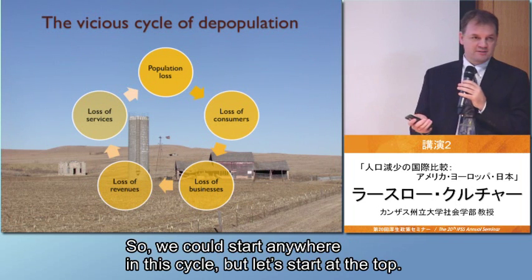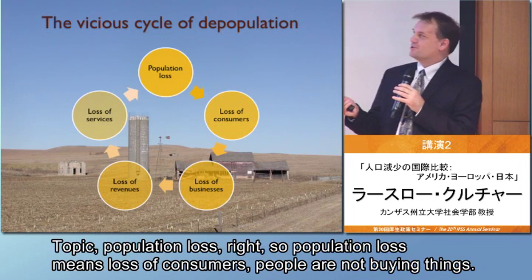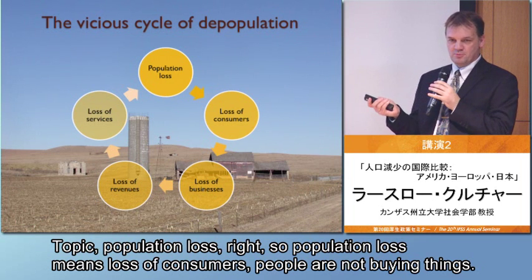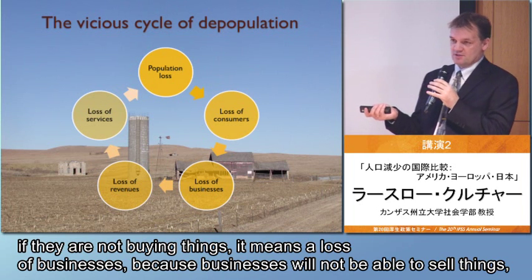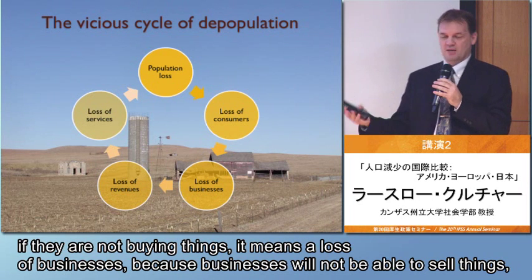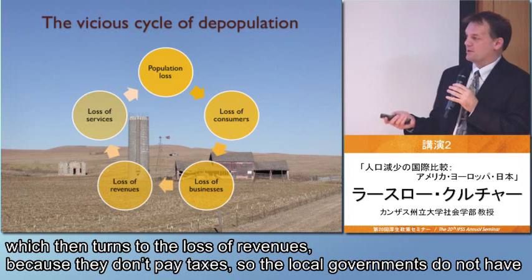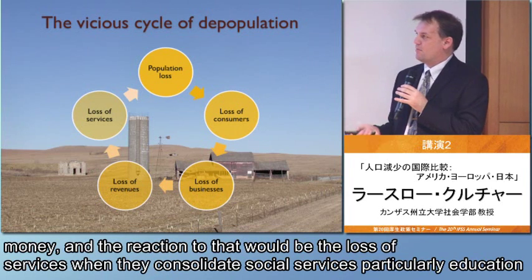So we could start anywhere in this cycle, but let's start at the top, with population loss. Population loss means the loss of consumers. People are not buying things. If they are not buying things, it means a loss of businesses because businesses will not be able to sell things, which then turns into a loss of revenues because they don't pay taxes, so the local governments do not have money.